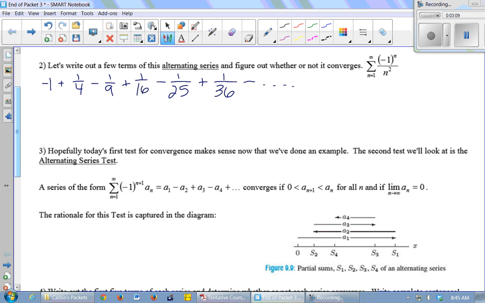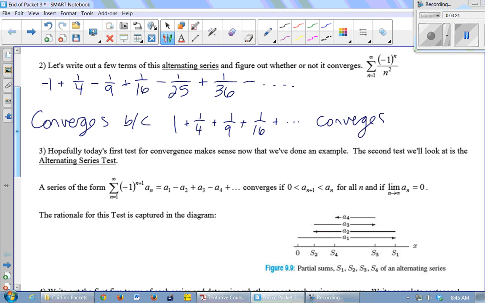Okay, so this has to converge, because 1 plus a fourth plus a ninth plus a 16th converges. Okay, so if all the terms, when they're positive, converge, then if you make some of them negative, it will also converge.